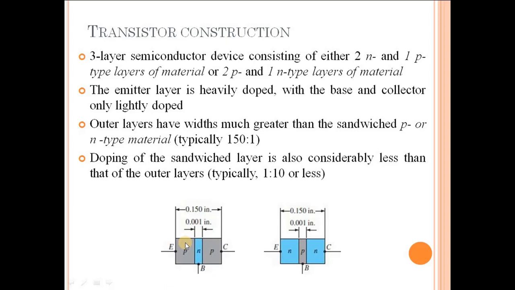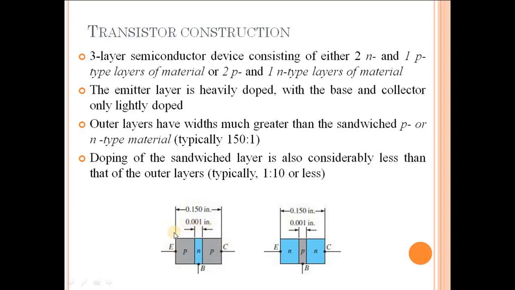Because the terminology junction is appearing in the nomenclature just because there are PN junctions in this BJT, and there are not one but two PN junctions. If you look at the PNP BJT, there is a PN junction over here, and there is another PN junction over here. So there are two PN junctions in a BJT.